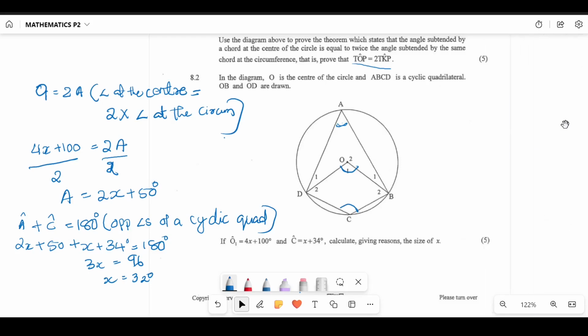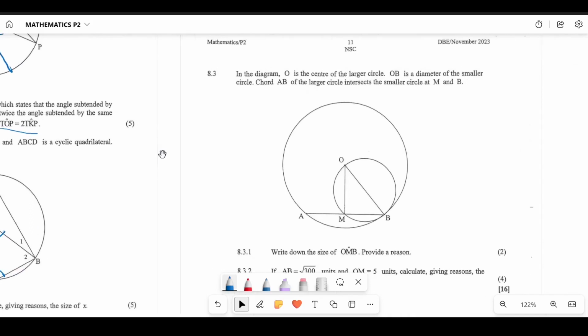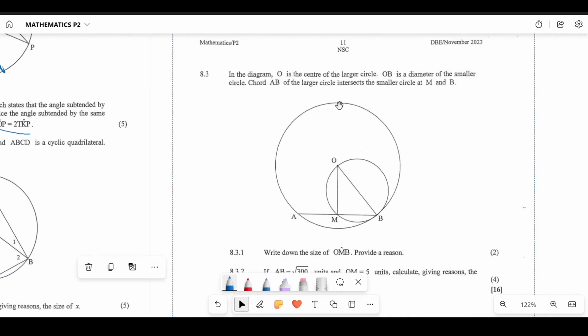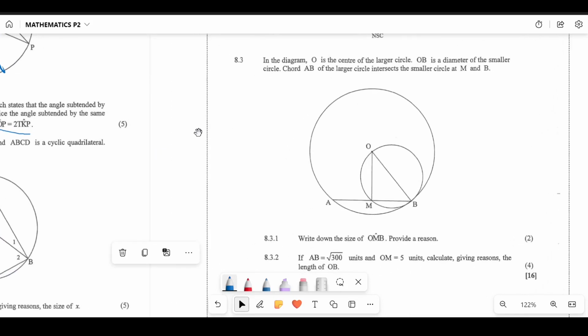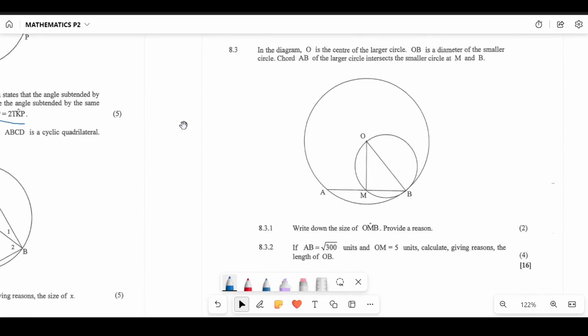Now let's go to question number 9 now. Question number 9. No, it's not 9. 8.3. 8.3 says, in the diagram, O is the center of the large circle, OB is a diameter of the smaller circle, chord AB of largest circle intersects with the smaller circle at M and B. Write down the size of OMB, provide a reason.